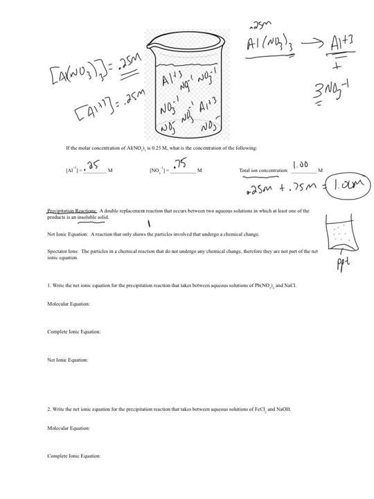Now, precipitation reactions are double replacement reactions, which means we're going to have the good old switcheroo, where the A and the X will switch around with the individual ions. We're going to do a double replacement reaction.